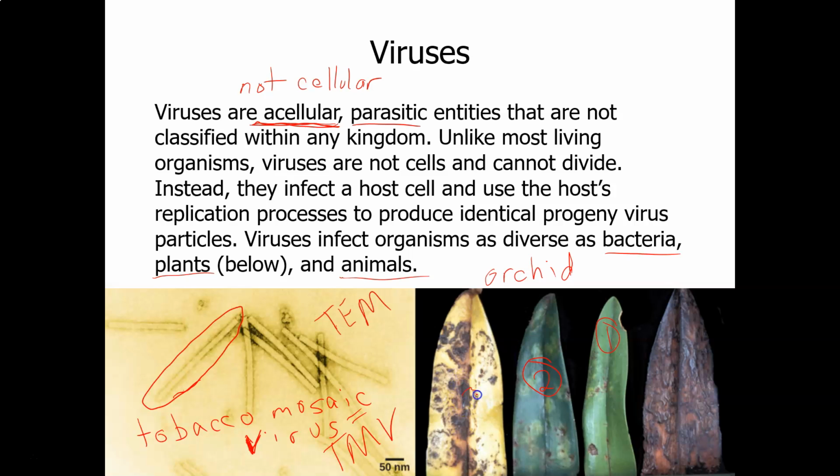Number 3, the leaf is now composed of only yellow pigment. The green chlorophyll pigment is gone, and there are brown spots covering the leaf. And then 4, the leaf has turned entirely brown. So these are just different stages of the tobacco mosaic virus in orchid leaves.